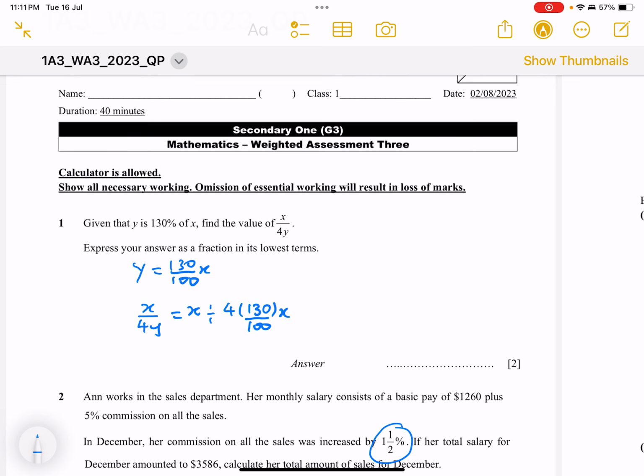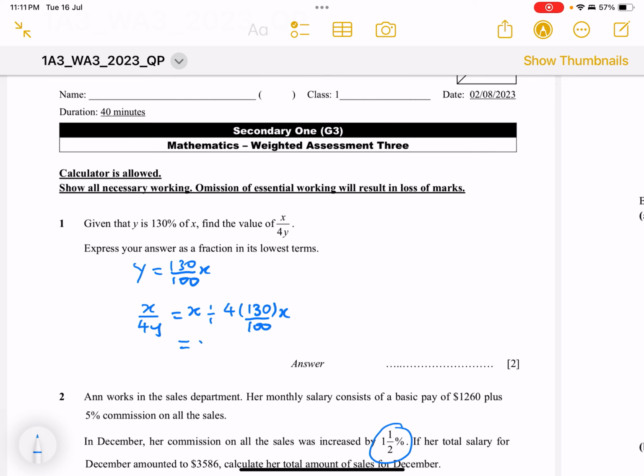So that is x divided by 4 times 1.3x, which gives us 5 over 26. x is cancelled off.